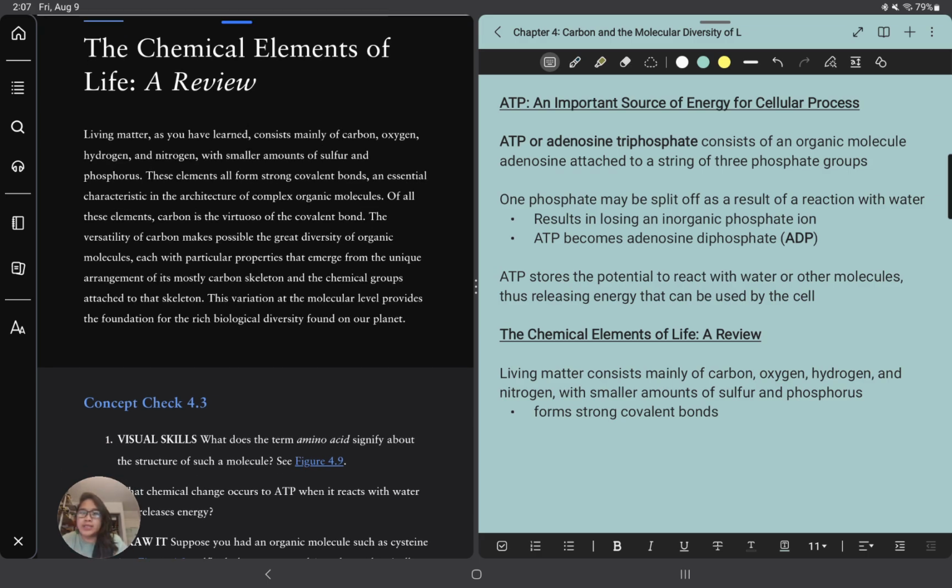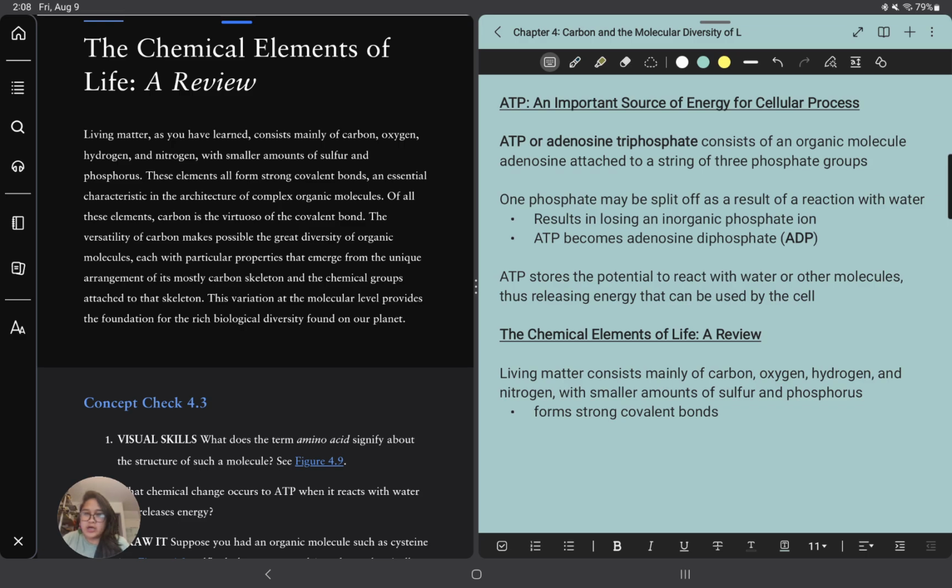The chemical elements of life, a review. Living matter, as you have learned, consists mainly of carbon, oxygen, hydrogen, and nitrogen, with smaller amounts of sulfur and phosphorus. These elements all form strong covalent bonds, an essential characteristic in the architecture of complex organic molecules. Of all these elements, carbon is a virtuoso of the covalent bond.